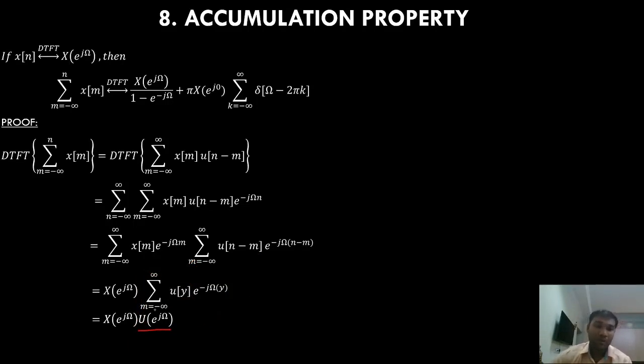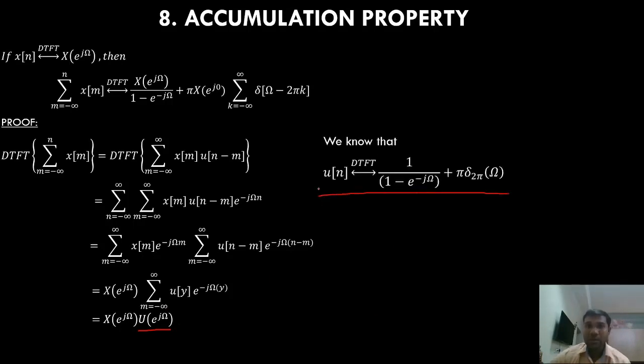Now we will find U of e power j omega. This is the DTFT of u of n that we will see in the coming slides when we find the DTFT of standard signals. DTFT of u of n is equal to 1 by 1 minus e power minus j omega plus pi into delta 2 pi of omega, right?